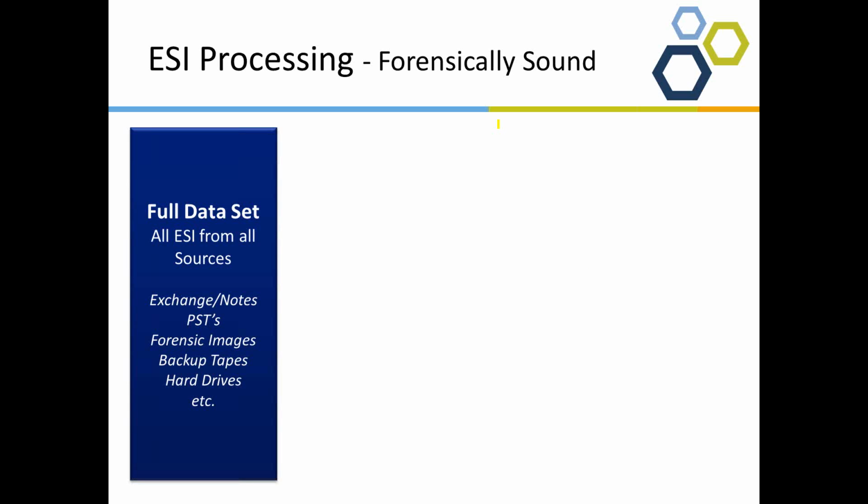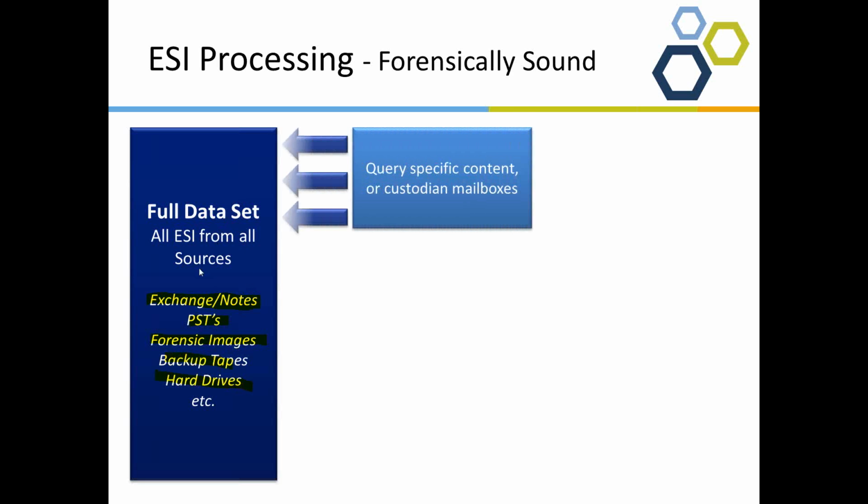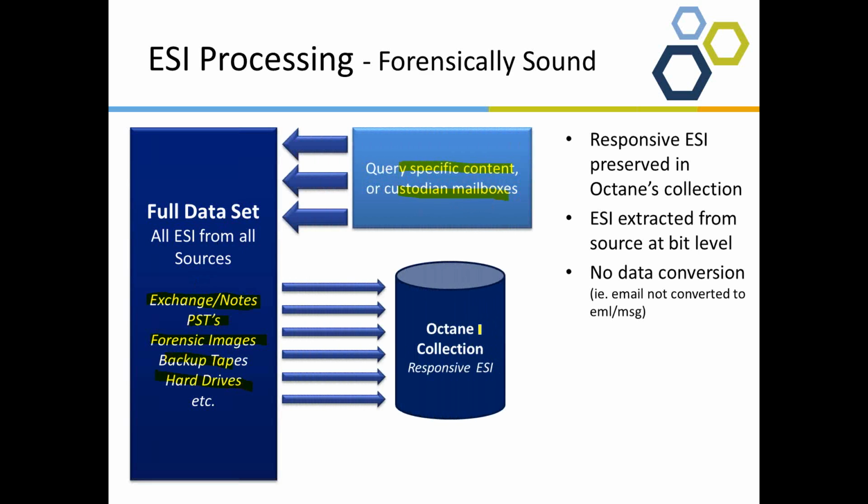So in terms of the processing, one of the things that's unique about the Octane platform is as you process data, specifically email, and you index content from, say, Exchange, Notes, PSTs, forensic images, backup tapes, hard drives, different data sets, you can query that content for specific content or specific custodian mailboxes.